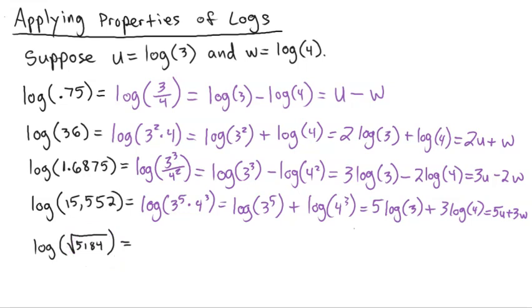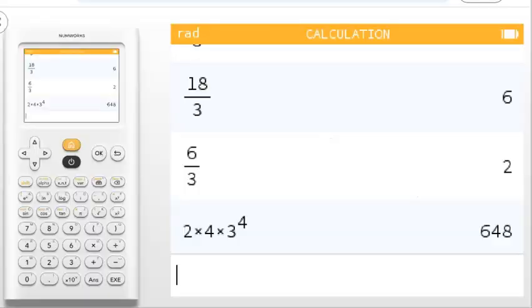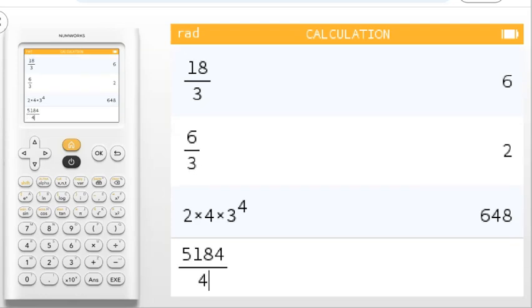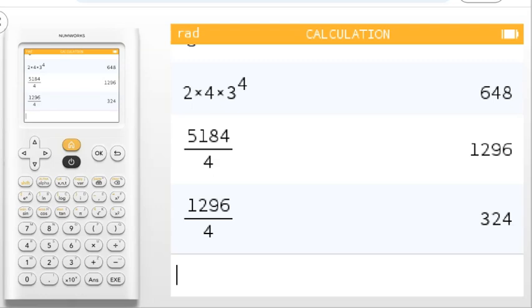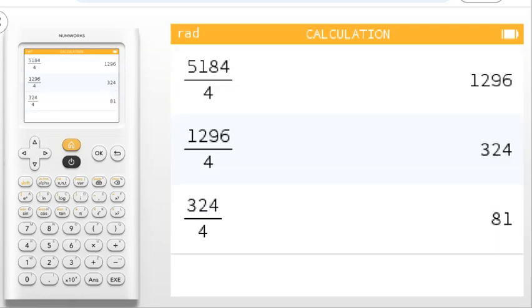So the last one we're going to do is log of the square root of 5184. So let's look at this 5184 and see if it's related to the numbers 3 and 4. So we'll take 5184 and divide it by 4. And sure enough, divide it by 4 again. Good. Divide it by 4 again, and we get 81.